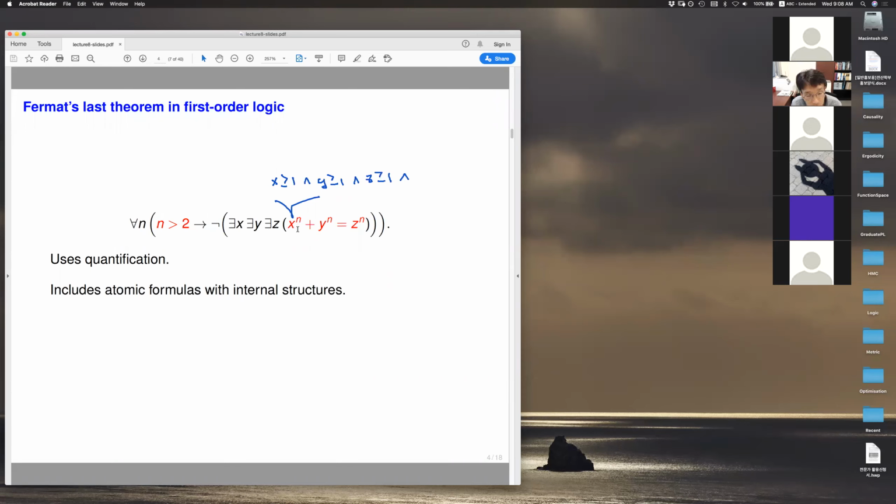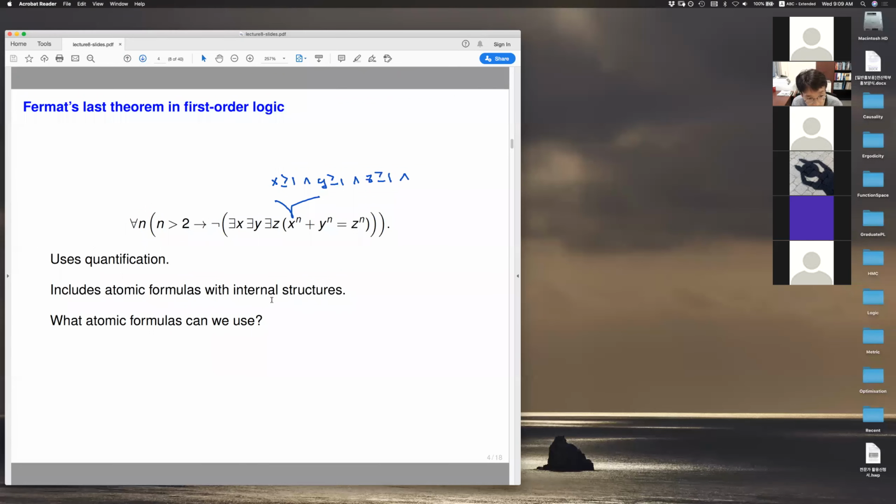The second atomic formula is more complicated. It uses equality, and it involves several operations like taking the power, additions, and so on. So atomic formulas have a more sophisticated structure in first order logic. These are the main changes.